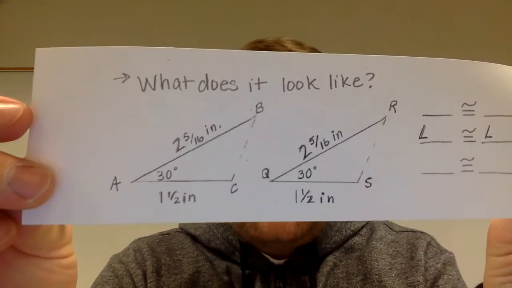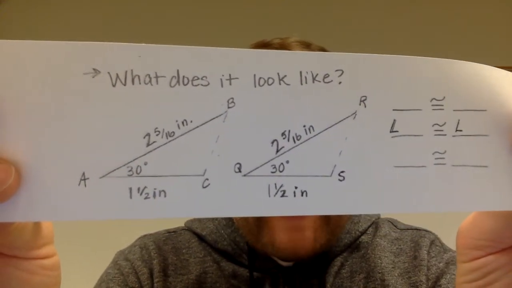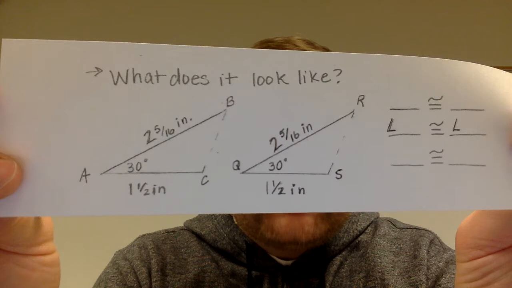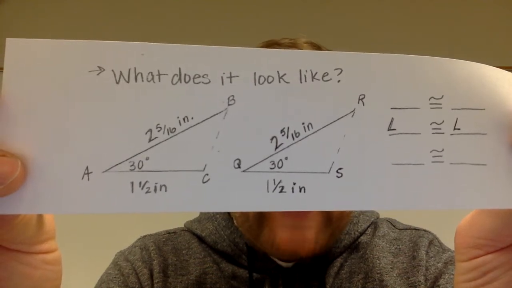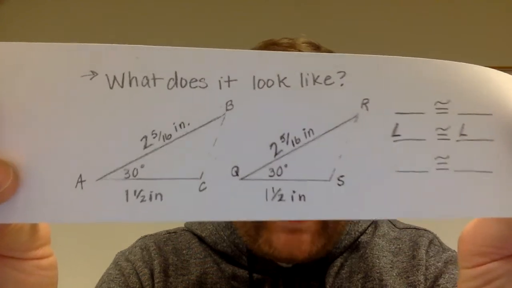Okay, so what does this look like? Well, if you got two triangles like this, if you want to prove they're congruent by side angle side, you need to look at a pair of side angle sides on each triangle that line up and show, in fact, that they are the same.